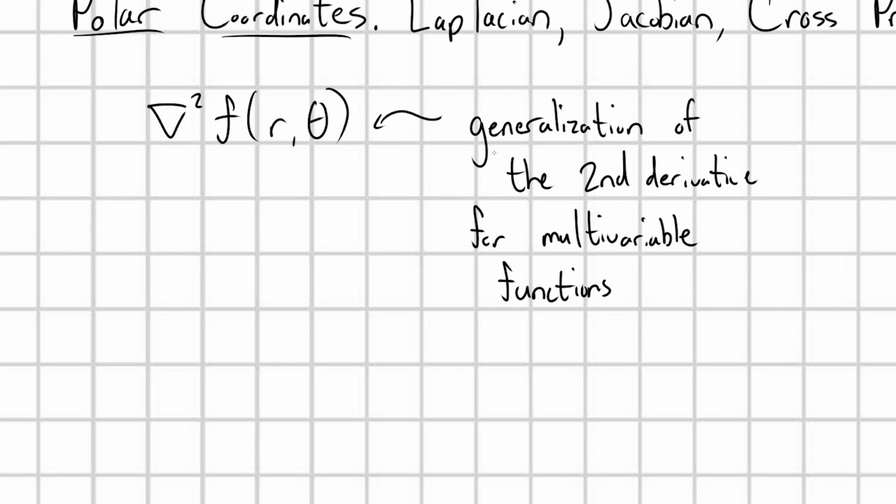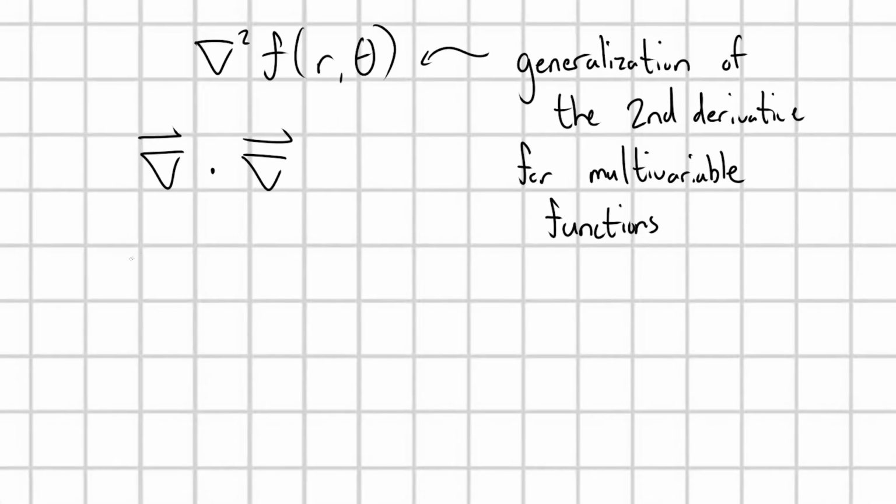Okay, and specifically, we can think of it as literally taking the nabla operator and dotting it with itself. So if we take that literally, I'm applying it to this function f here. So we have nabla dot, nabla acting on f. We can think of this as grad f here.